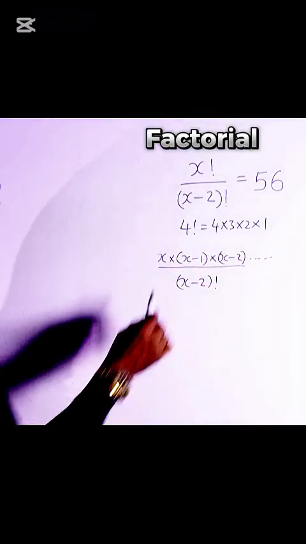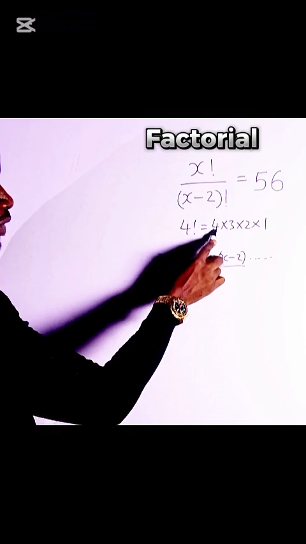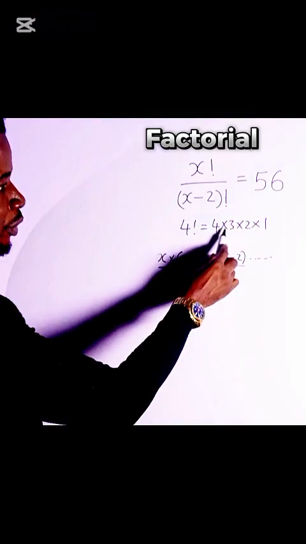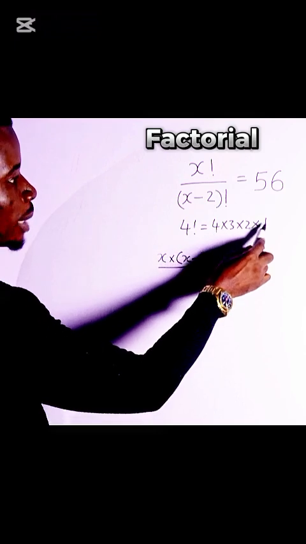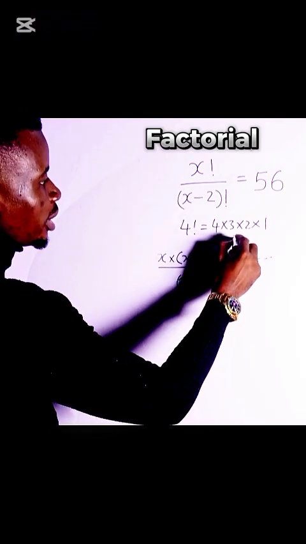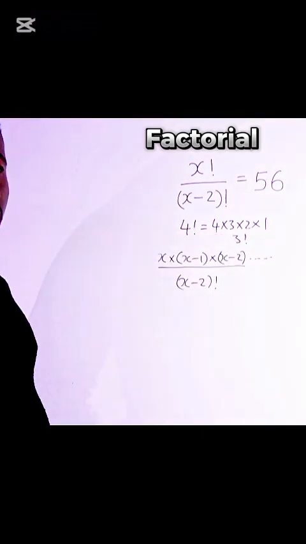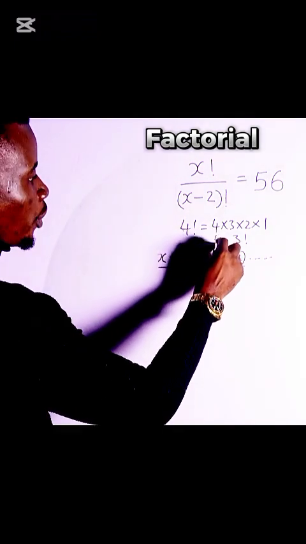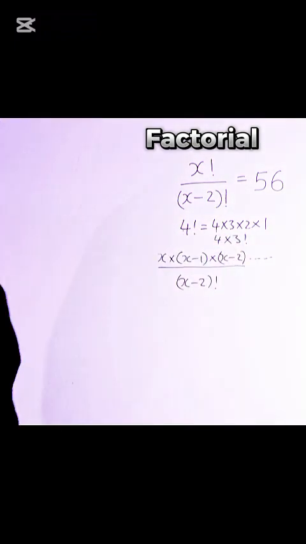Now remember, 4 factorial was written as 4 times 3 times 2 times 1. But what can you see from here? 3 times 2 times 1 is also 3 factorial. So what does it mean? My 4 factorial can be written as what? 4 times 3 factorial.